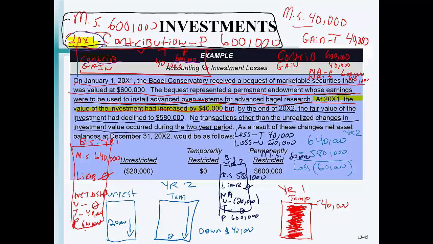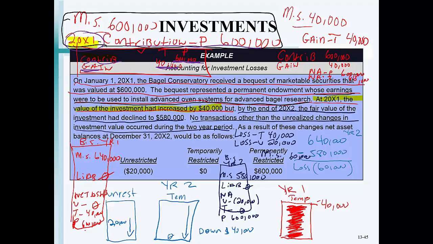There's that contribution. There's that credit, right? Appearing on the statement of activities, 600,000 permanently restricted. Then what? Then we have a gain, and the gain is for what? 40,000 that they said, because it came up $40,000, didn't it? And they said that has to be used for the oven research. So the 40,000 is temporarily restricted, isn't it?